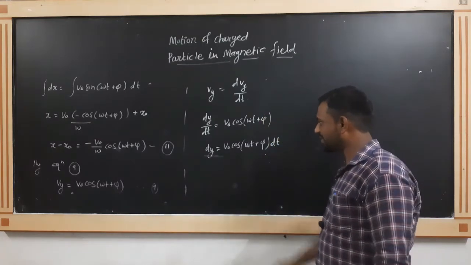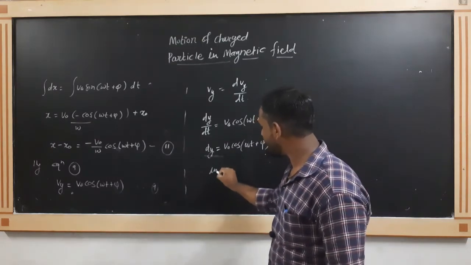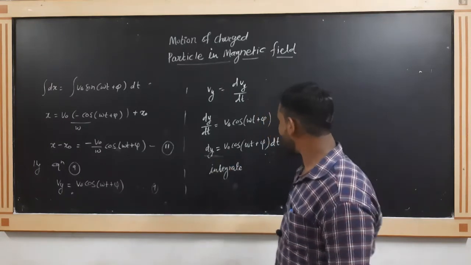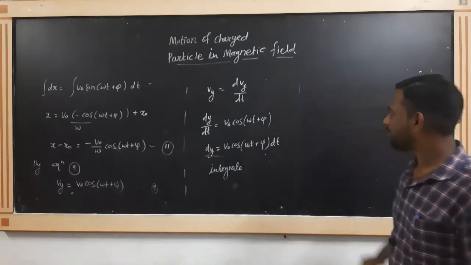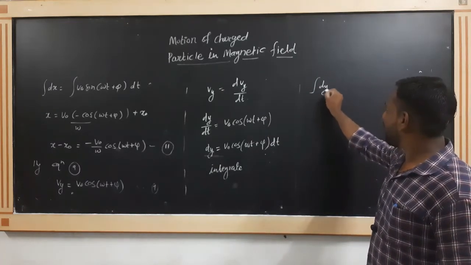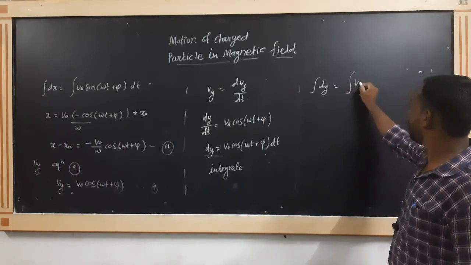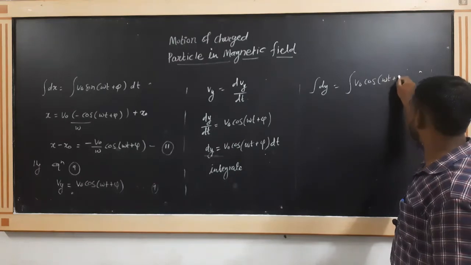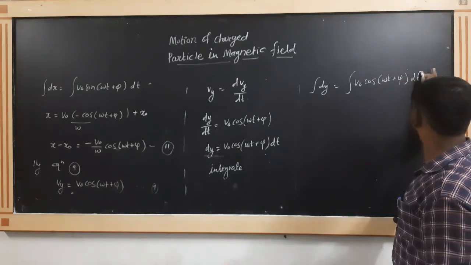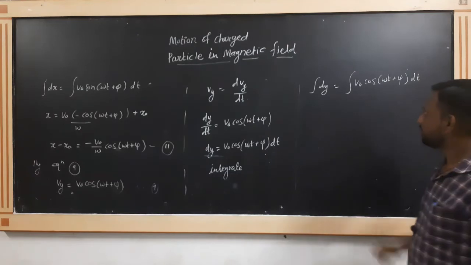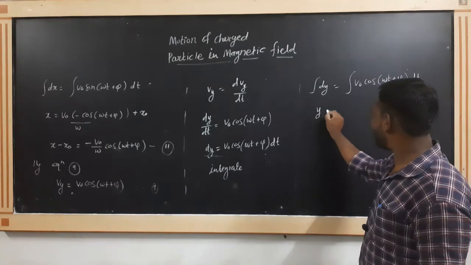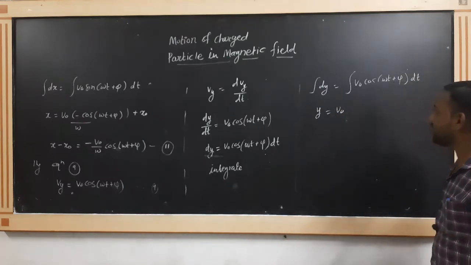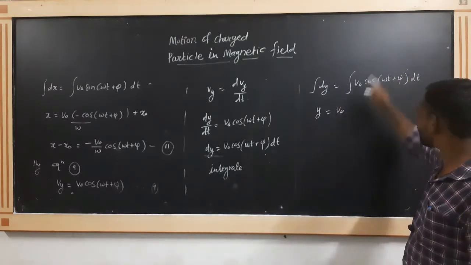Again, same process: integrate the above equation. So after integration, dy is equal to v0 cos of omega t plus phi into dt. Integration of dy is y, and v0 is constant, so it comes out of the integration. And what is the integration of cos of omega t plus phi?